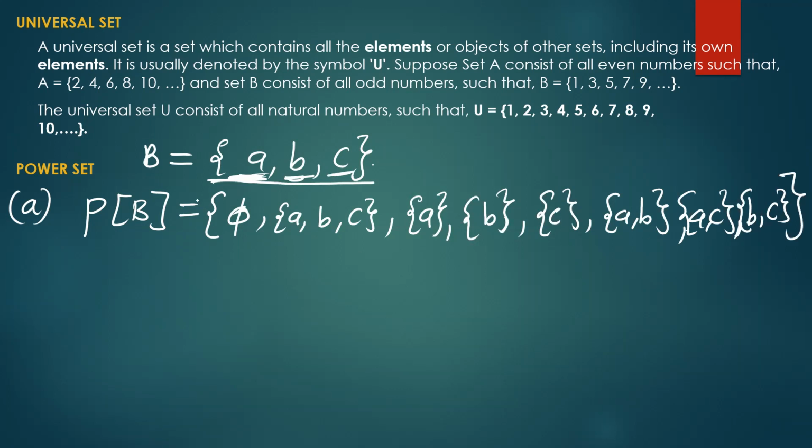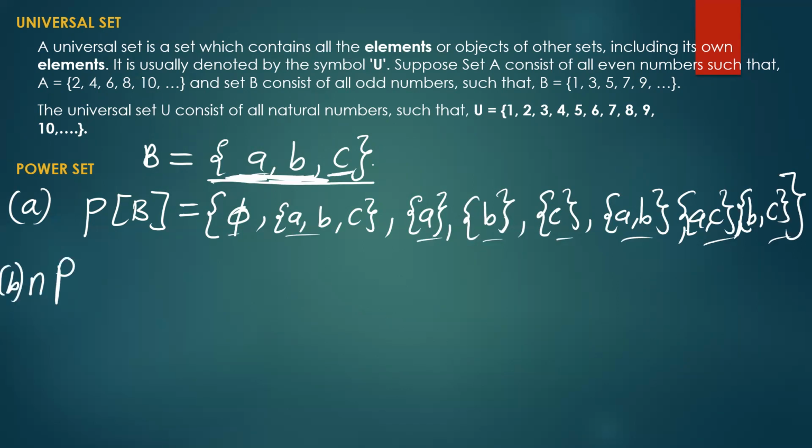So these are the subsets of this set. So we have 1, 2, 3, 4, 5, 6, 7, 8. We have 8 elements in the power set of set B. So if, for instance, they ask you to find the number of elements in the power set of set B, or sometimes they may not ask you that, they'll just say, find the cardinality.